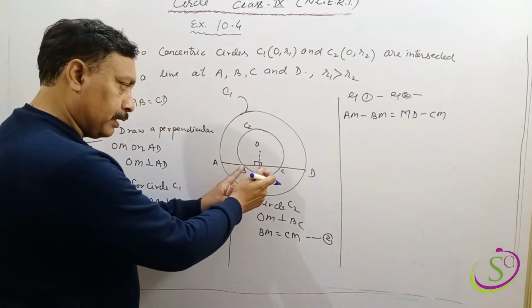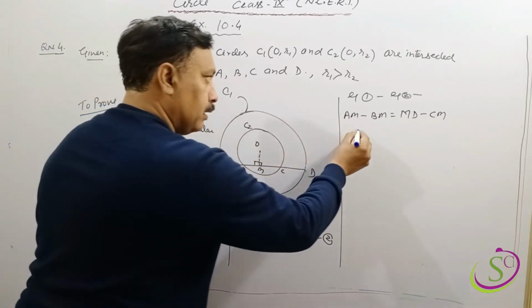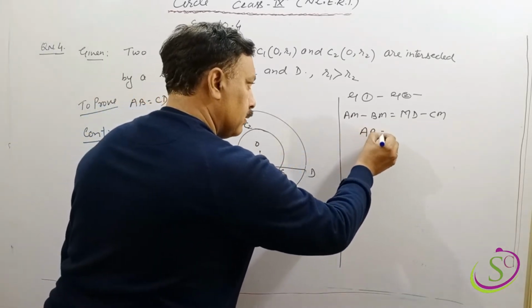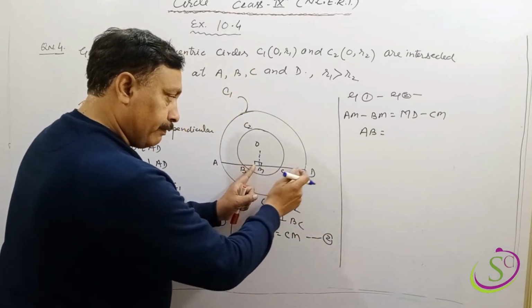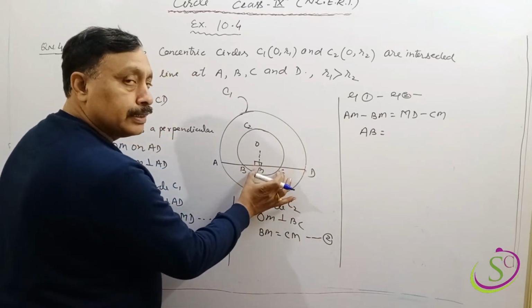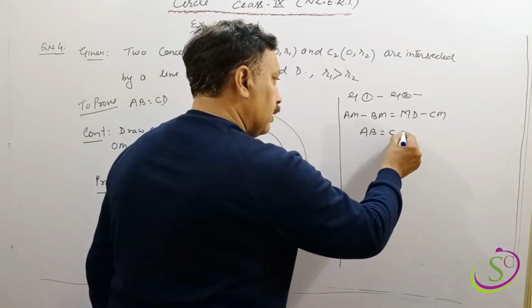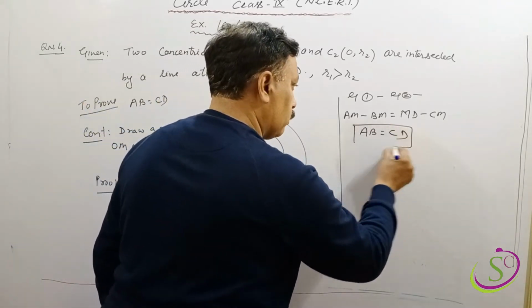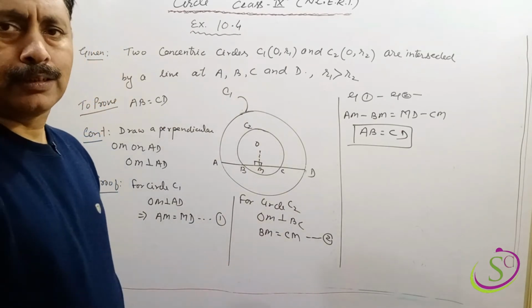When BM is subtracted from AM, then AB will be left. So here AB is there, and here CM is subtracted from MD, means from the whole we are subtracting CM. So what will be left? CD will be left. So AB equal to CD. It is proved. It's so easy.